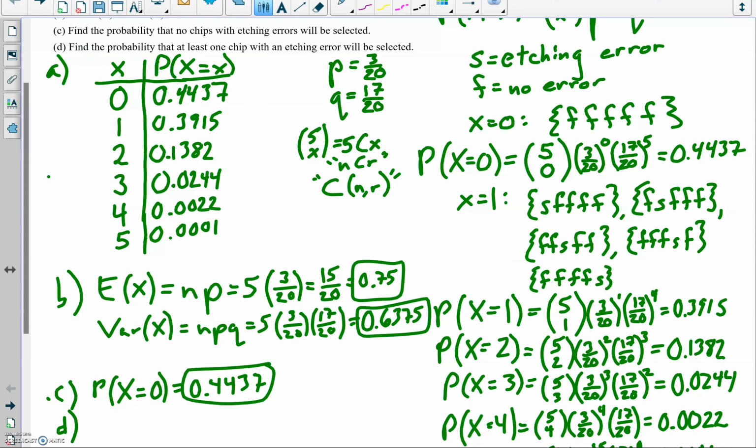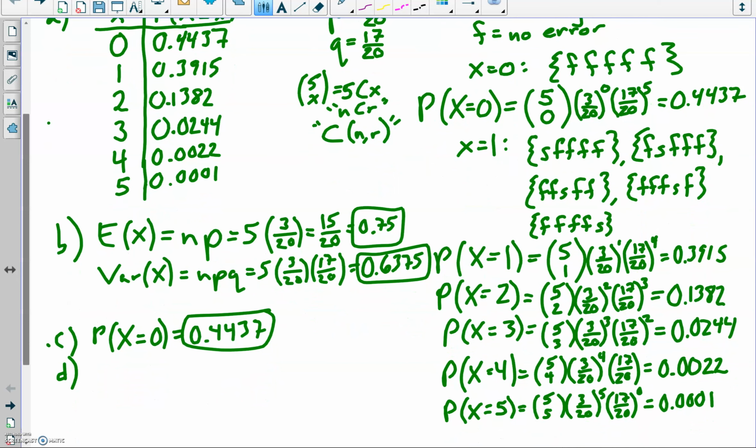And then in part D, find the probability at least 1 chip with an etching error will be selected. So at least 1 chip with an etching error means that we have to think of 1, 2, 3, 4, and 5. And again, with this, the 4 and 5 are impossible, but the probabilities are so small, we'll leave that out of there.